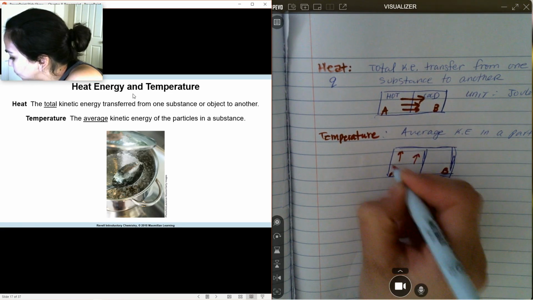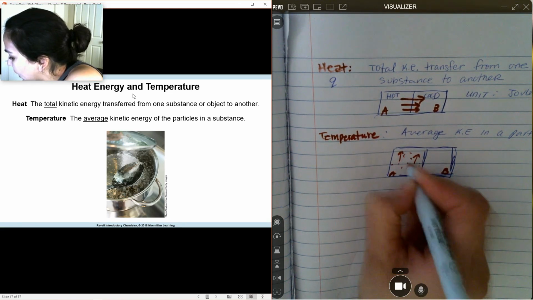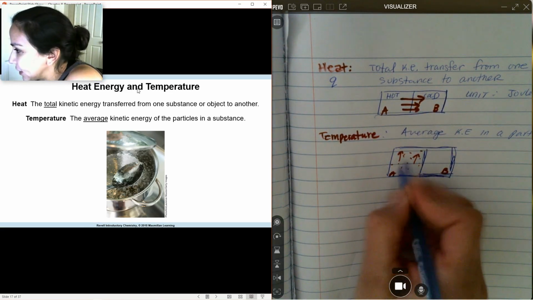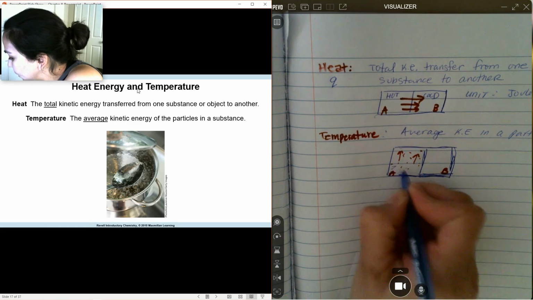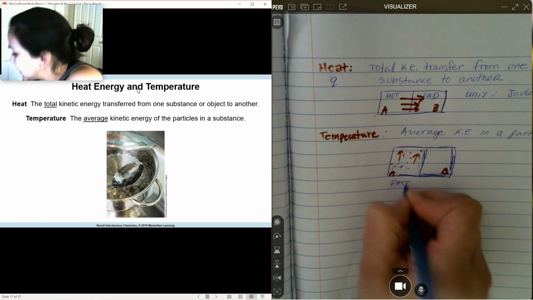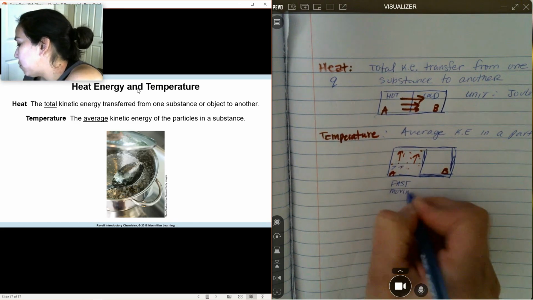So we have a lot of motion happening here. A lot of motion. The energy is moving in here. It's the average energy moving here. So we have fast moving particles.